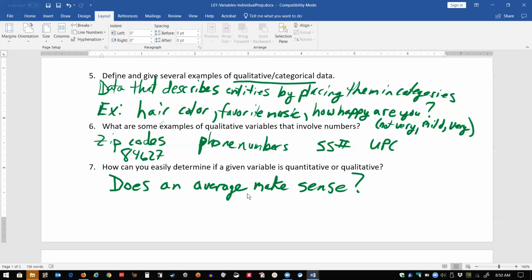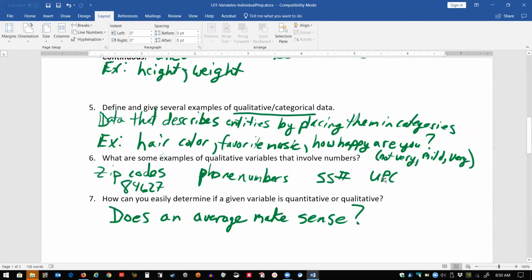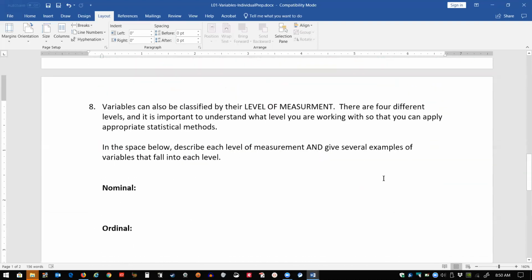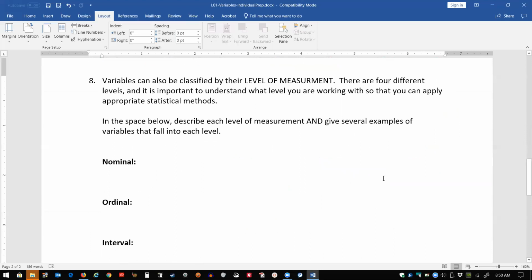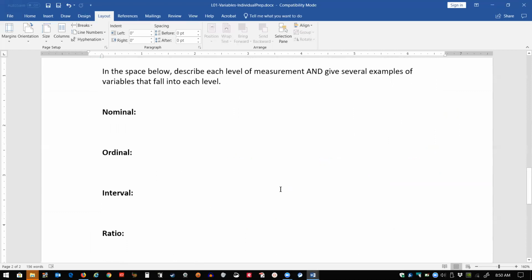Very, very important. Now, besides quantitative and qualitative, there is another way to classify these variables, and that's using what's called the level of measurement for the variable. We have a couple levels of measurement that are appropriate for each of our categories.